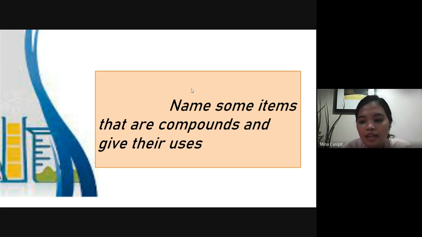Now, paano natin ito marirelate sa ibang subject? For example, in TLE, di ba, may particular lesson kayo na kung saan nagbe-bake kayo, gumagawa kayo ng mga kung ano-anong produkto. So, the ingredients in making or in baking food, in making products are composed of elements and they are considered as compounds. Okay?